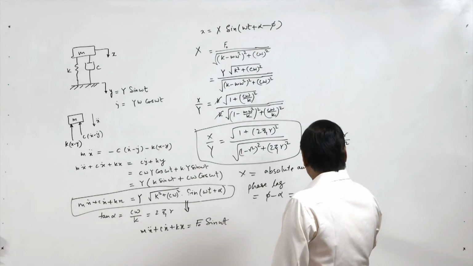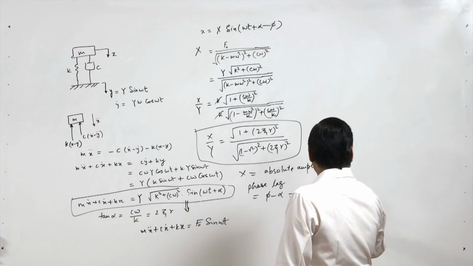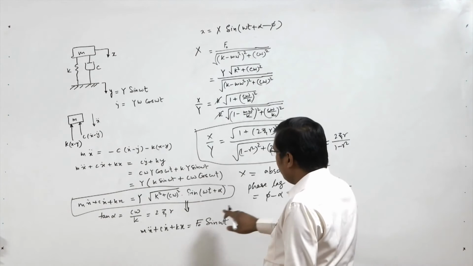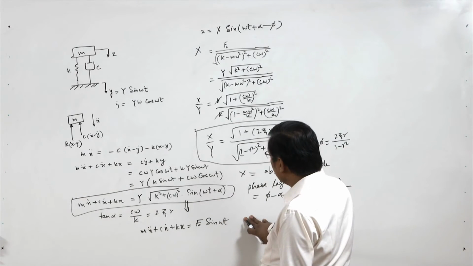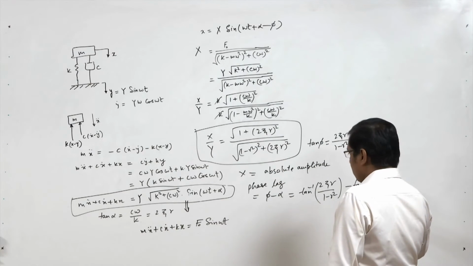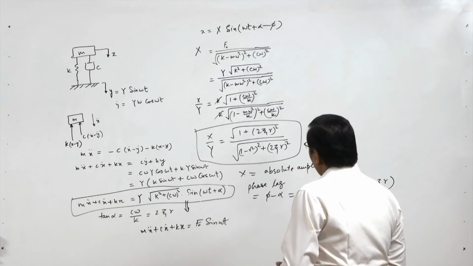So here phi equal to tan inverse 2 zeta r upon 1 minus r square, minus alpha, and alpha is tan inverse 2 zeta r. So this is the phase lag.